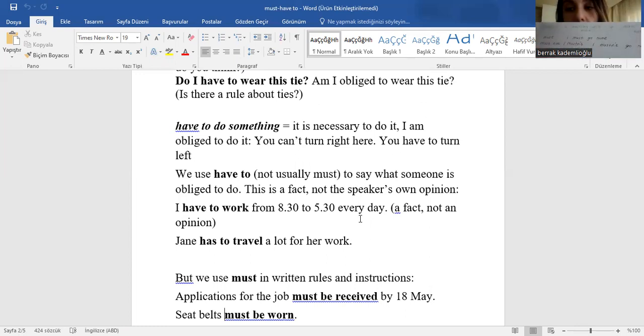Is it clear? No, I think it's not. Subject, auxiliary verb, and main verb. Right? Subject, auxiliary verb, so this is must, and main verb base.